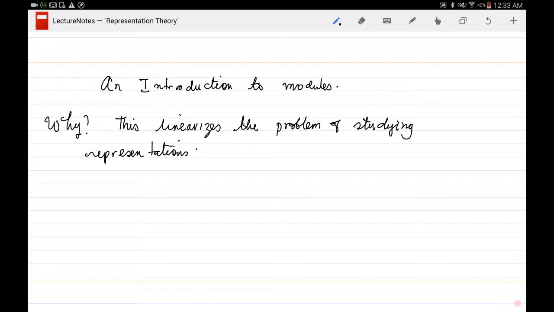You might have noticed that a representation was defined as a group homomorphism from G to GL(V), and in GL(V), what we cared most about was that it respected the multiplicative structure of the group. But of course, in GL(V), we can add things, right? If I have, let's say, phi(g) and phi(h) in GL(V), it certainly makes sense to consider phi(g) plus phi(h), right?